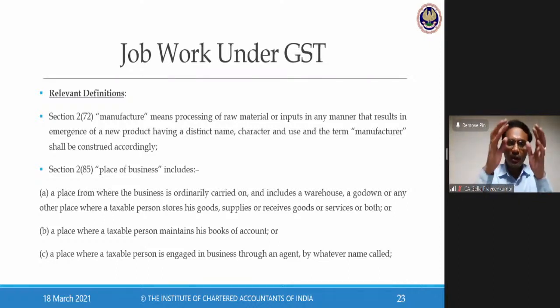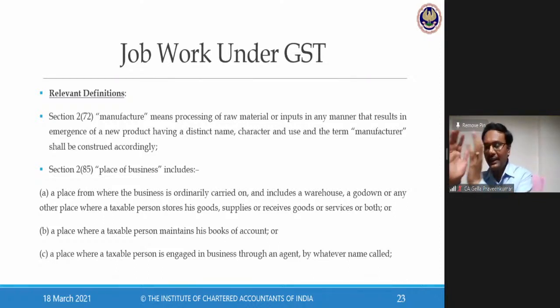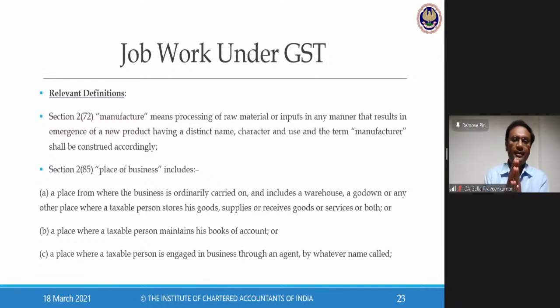Assembly happens on the engine. A new product called DG set comes into the picture. From the job worker's perspective, assuming I am the person doing the job work activity, I did a manufacturing activity. How? Engine has come, acoustic has come, alternator has come. I assembled all the three products and made a new product called DG set.